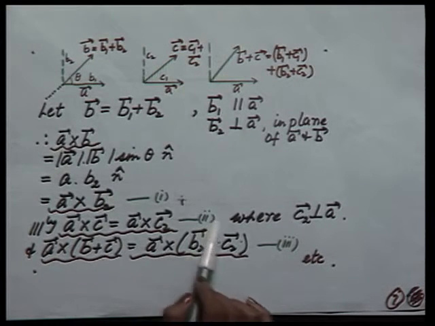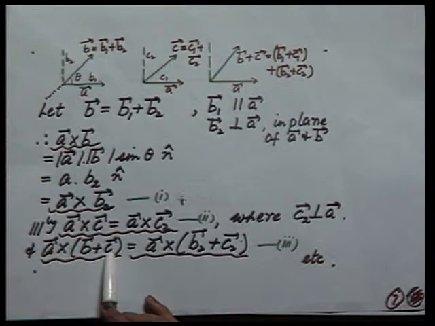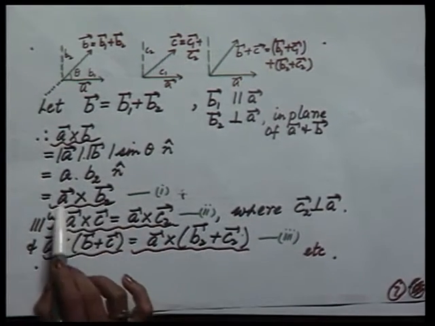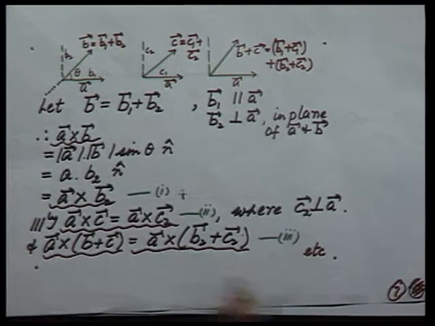But these, by 1, 2 and 3, imply that A cross (B plus C) is equal to A cross B plus A cross C. So, by making use of case 1, I can prove the general case. So, we have proved that cross product is distributive over plus.